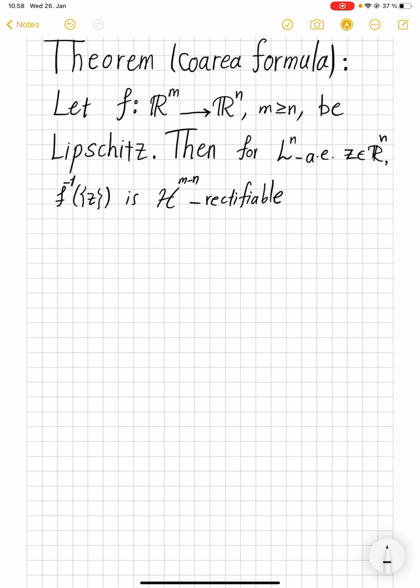Okay, so in the previous pictures, these pre-images were nice m minus n dimensional manifolds. So this is a generalization of that.